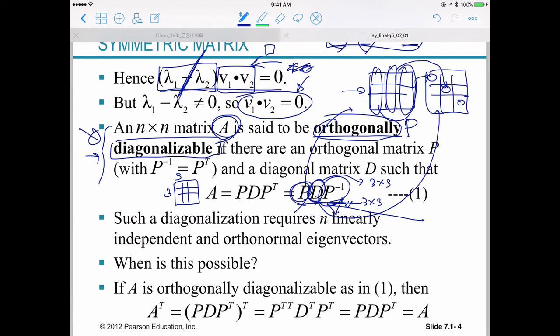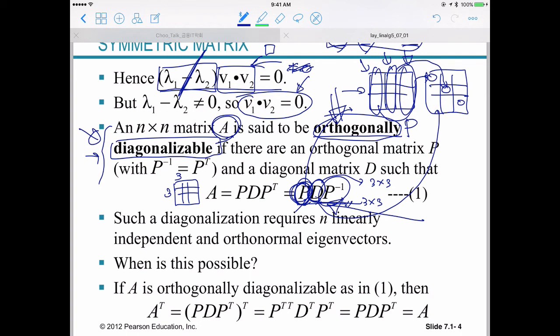Then it says orthogonally diagonalizable. What does that mean? It means your matrix P is actually an orthogonal matrix. Those three linearly independent vectors are not just linearly independent, they are orthogonal to each other.